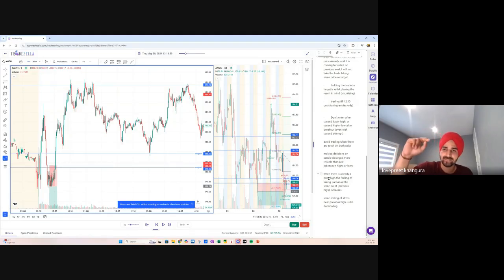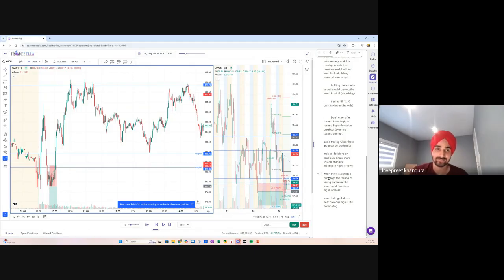So it comes down, and when it starts to go up near that previous high, all of us have that tendency to take the partials. I don't know why, but our mind doesn't understand the probabilities, though it does understand the risk to reward. At this point, the reward is just like 10 cents, but the risk is around 50 cents or $1. So we go ahead and take the partials at that previous high.